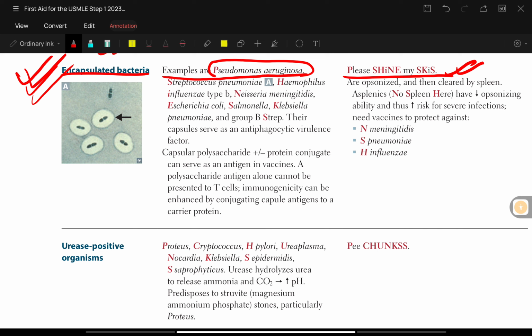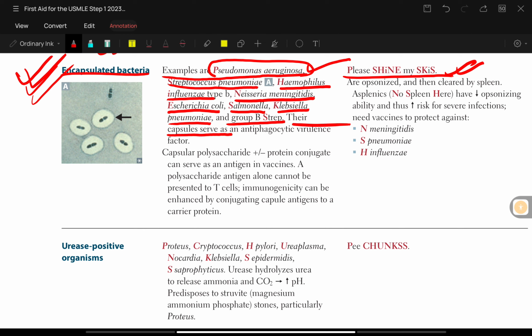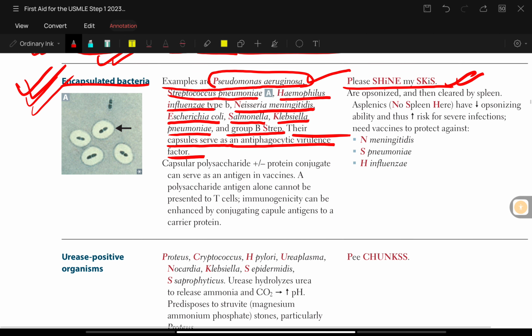Examples are Pseudomonas aeruginosa, Streptococcus pneumoniae, Haemophilus influenzae, Neisseria meningitidis, Escherichia coli, Salmonella, Klebsiella pneumoniae, and Group B strep. These capsules serve as antiphagocytic virulence factors.